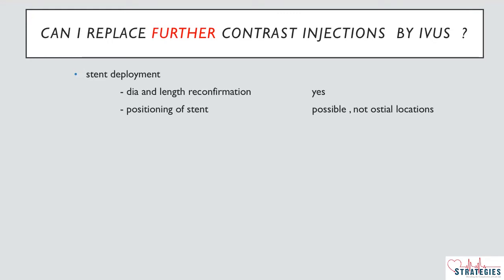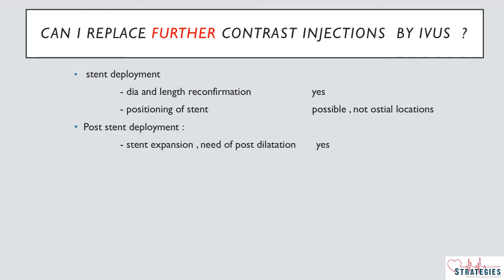Positioning of the stent is possible with IVUS by fluoro-IVUS integration, or at least by marking your distal and proximal landing zones with your fluoroscopy. But in ostial lesions, it is a bit difficult. You may have to give some injections to position.